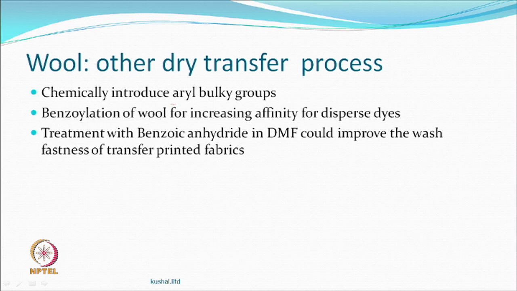So, one is that you have changed the hydrophilic group to aryl groups, making it more hydrophobic, so the reception will be more. One of them was benzoylation to increase the affinity of disperse dyes, and one of the processes used benzoic anhydride instead of benzoyl chloride and used it through DMF, which they found was giving better results.